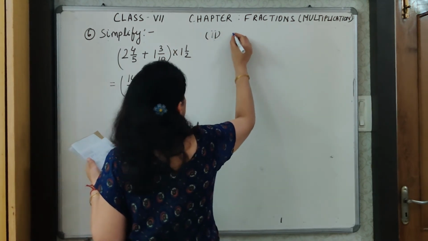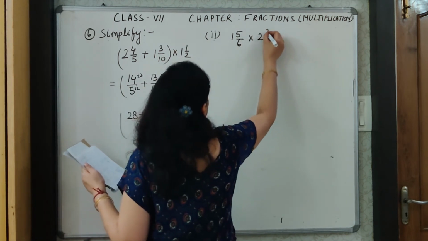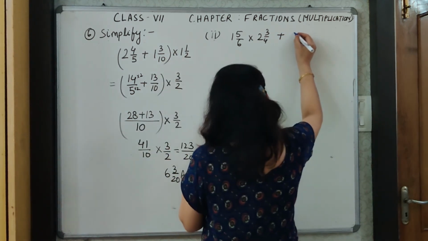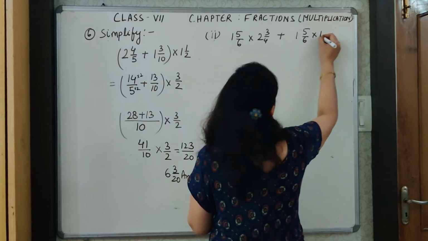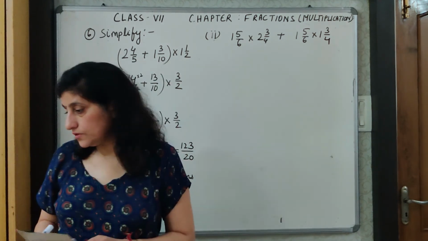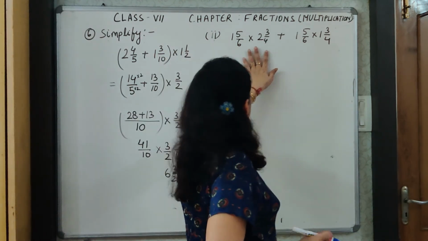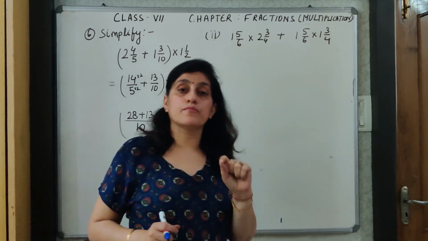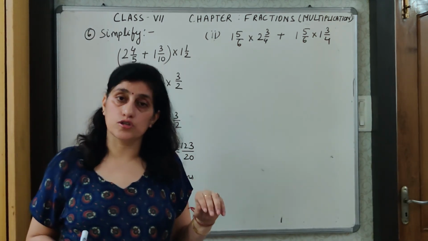The next question is 1 whole 5 upon 6 into 2 whole 3 upon 4 plus 1 whole 5 upon 6 into 1 whole 3 upon 4. Alright. If you remember the distributive property, we can use it here also.